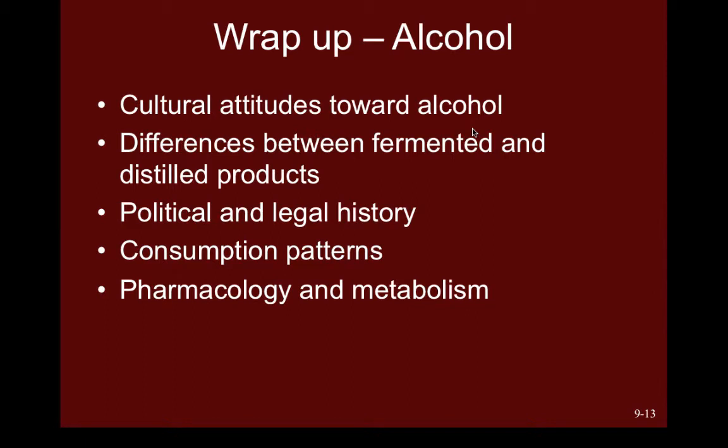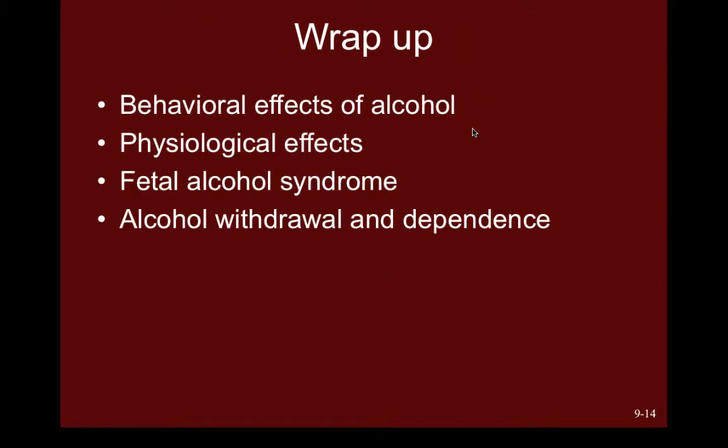And then we went through the pharmacology and metabolism of alcohol. We dug into the behavioral effects of alcohol, and then we just finished wrapping up our physiological effects, our most important reproductive effect being fetal alcohol syndrome, and then finally we covered alcohol withdrawal and dependence. So that will finish us up for alcohol, and I will see you next week.